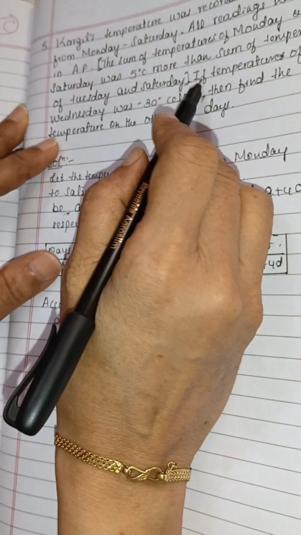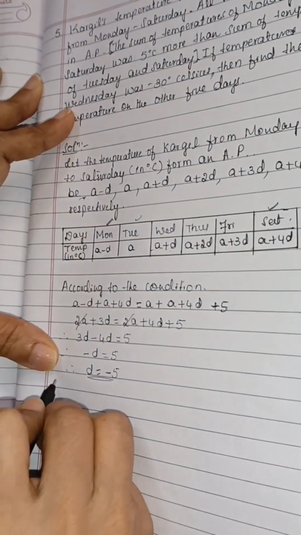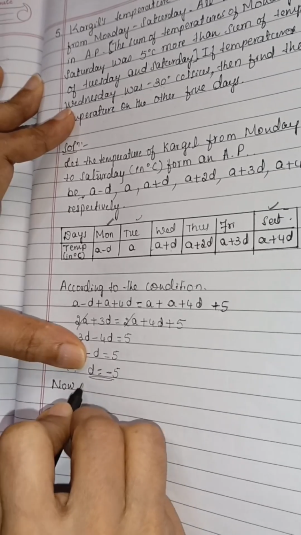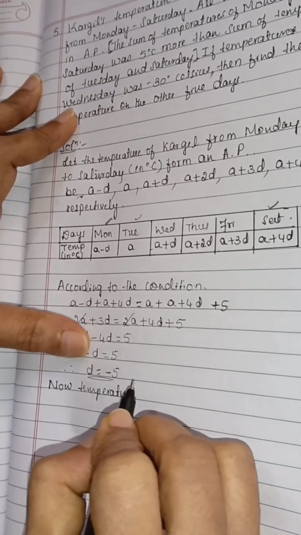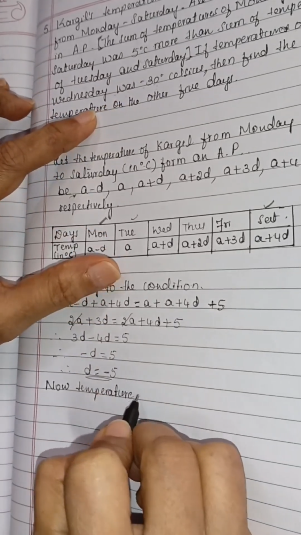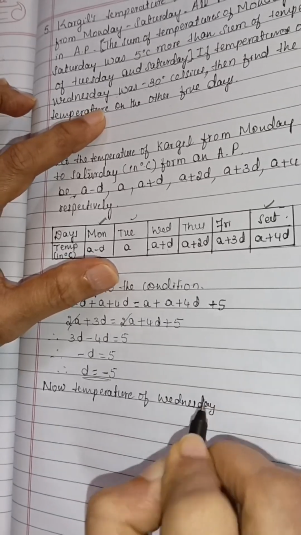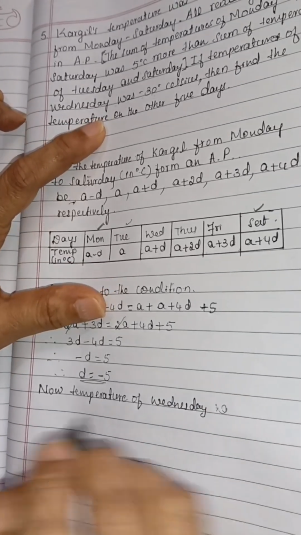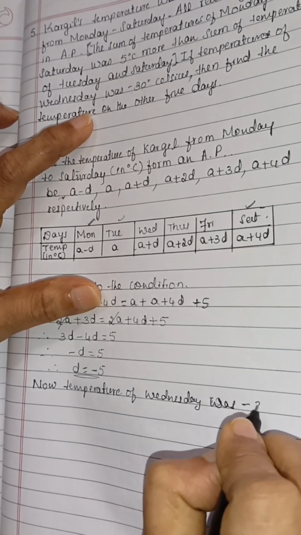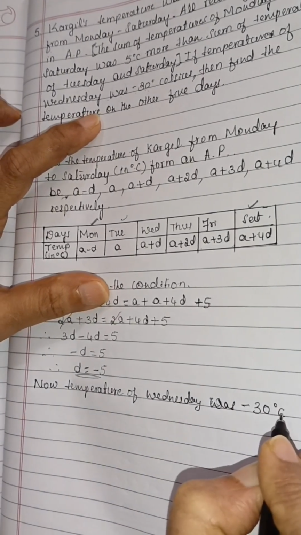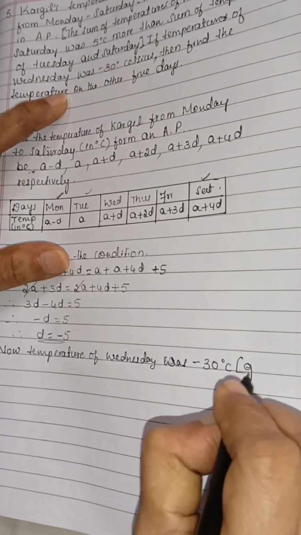For the second part, if temperature of Wednesday was minus 30 degree Celsius, this is given.